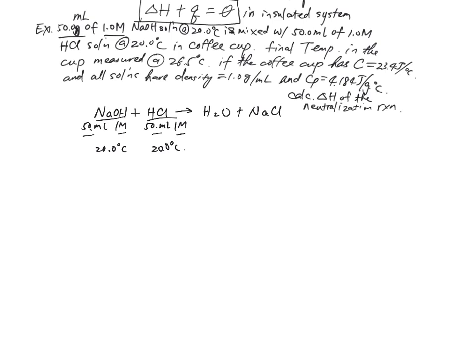Because in that situation, you always need to have a hot object and a cold object, and don't forget, this time you also have a coffee cup. Okay, now it's given you a heat capacity, which means this guy can absorb and release heat in your system. Okay, and since the reaction was happening within the cup, and originally both of your two reactants are at 20 degrees Celsius, you can be sure that your cup starts at 20 degrees Celsius as well.